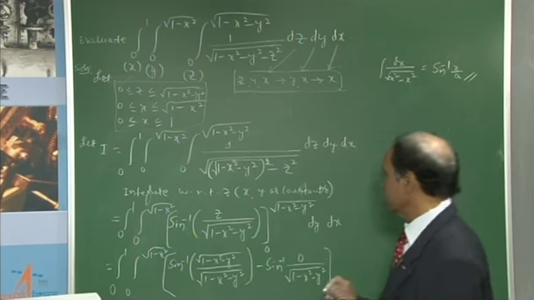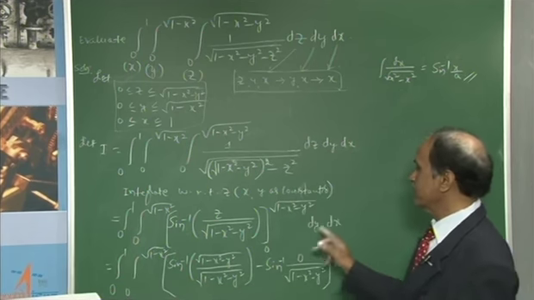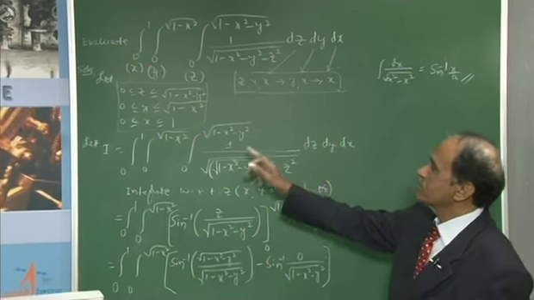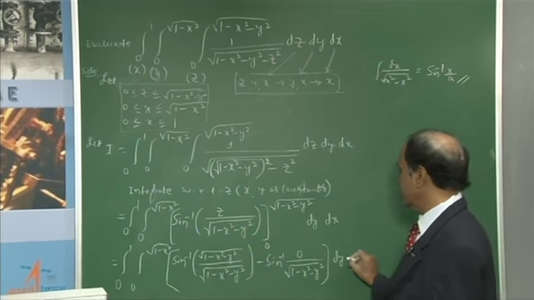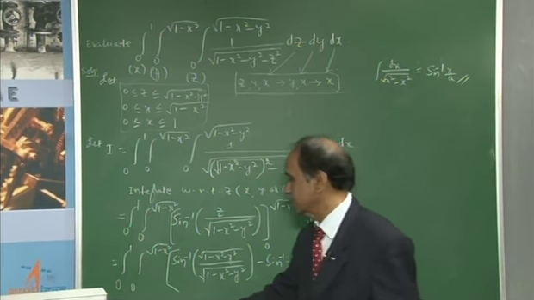This is the application of the upper limit and lower limit after the first integration. This is dy and then dx.